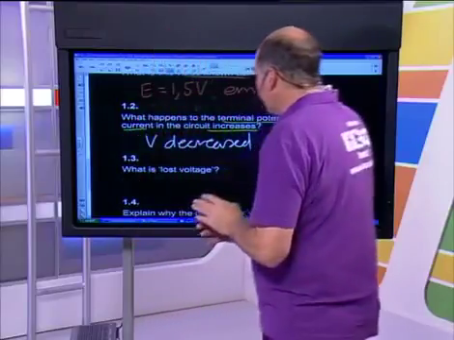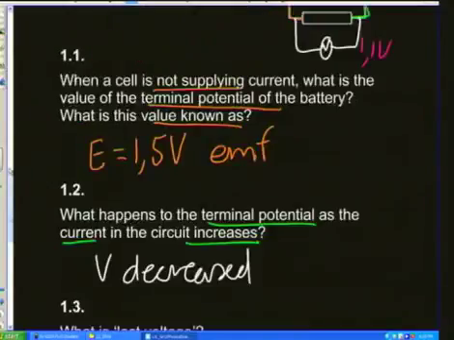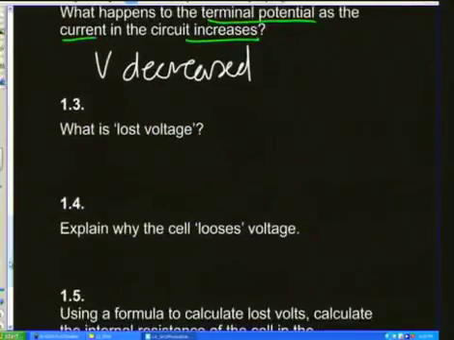Make sure you understand that in this scenario, as the current has increased, the potential difference decreased. The terminal potential difference. Remember from our summary, we're dealing with the V load part. That's what we're dealing with. So the next part of the question is, what is lost voltage?